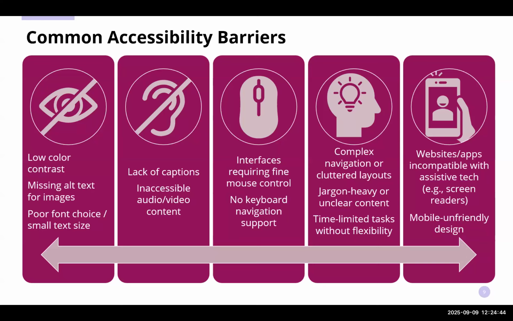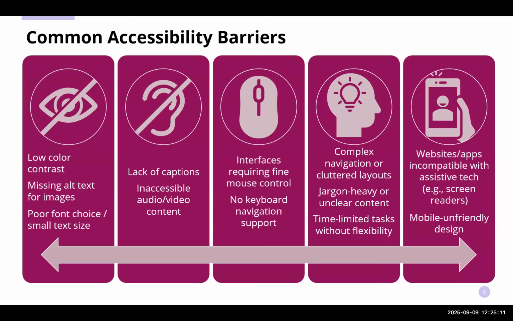It could be small text that is hard to read, complex jargon that confuses more than it clarifies, or a website that completely breaks on mobile devices. These are real everyday obstacles, and they affect students with visual, hearing, motor, cognitive, and even temporary or situational challenges.